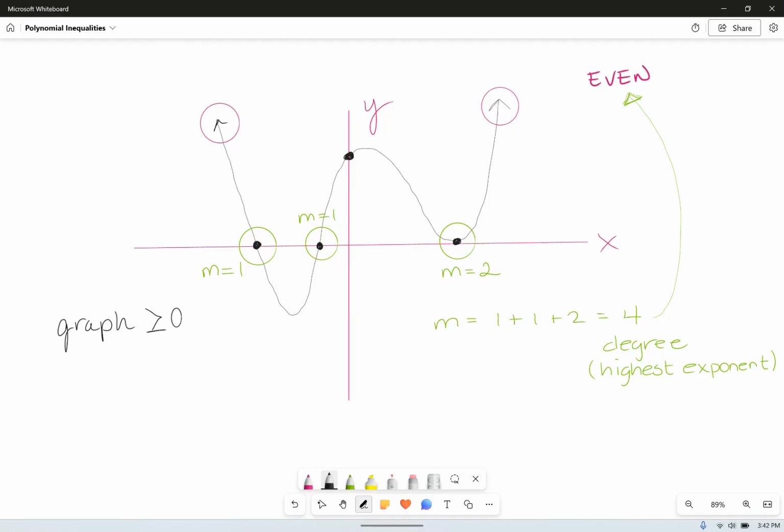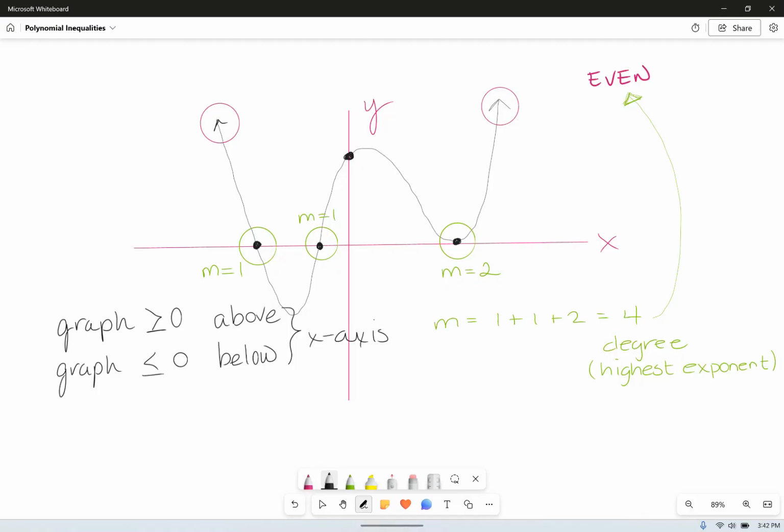That means greater than or equal to 0 means above. Is the graph sitting above the x-axis? If I say the graph is less than 0 or less than or equal to 0, I'm asking where is the graph falling below the x-axis.